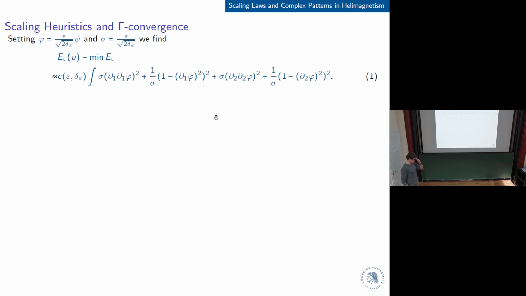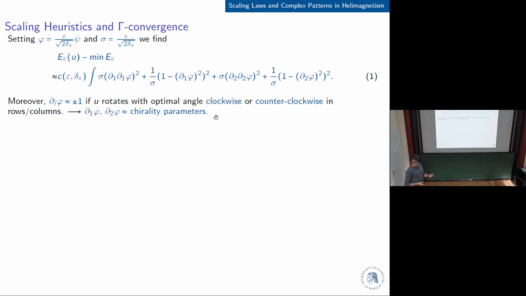So the point is that after rescaling and introducing a new parameter which depends somehow on epsilon and delta, you realize that the energy minus its minimum, up to a factor which depends on epsilon and delta, looks like this kind of continuum model, where you simply force the x and the y derivative of your rescaled field phi to be plus or minus 1, and you penalize transitions between these different states, essentially.